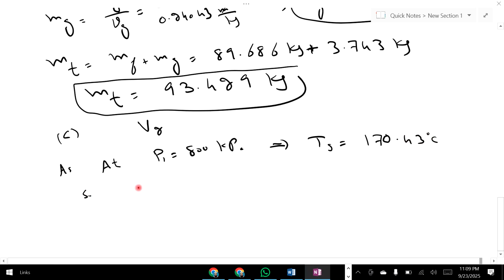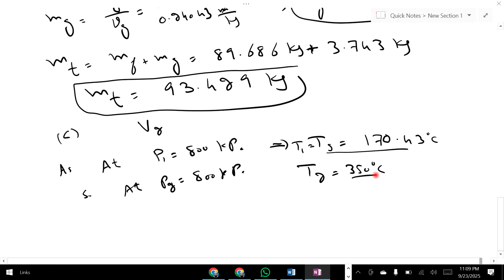So at P2 is equal to 800 kilopascal, Ts is equal to T1. T2 is equal to 350 degrees centigrade. As saturation temperature is this, so 350 will be superheated temperature.